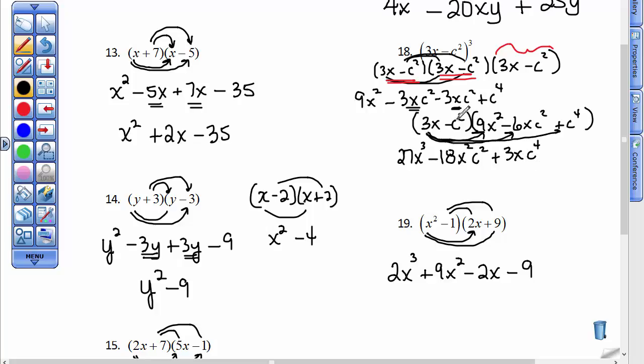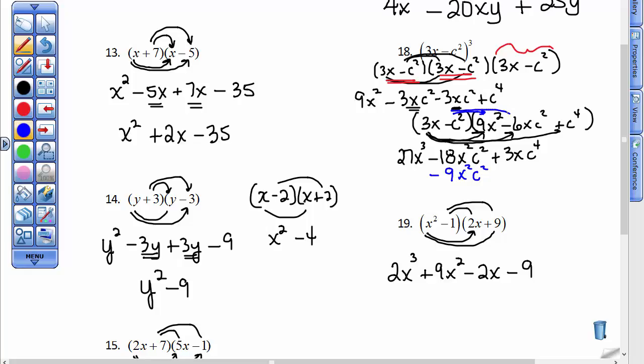Now I've got to take this minus c squared right here and multiply it by all 3 of those. I'm going to do it in a different color. So the minus c squared times the 9x squared would be a minus 9x squared c squared. I purposely put it underneath this one because that has the same letters in the exponents.